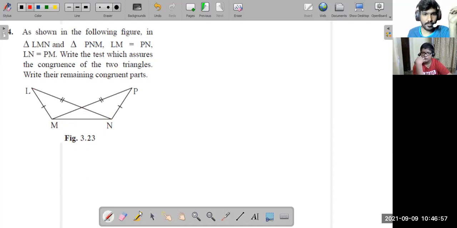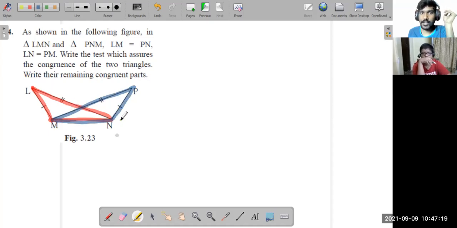Don't consider this one. Consider this one and this one. These two triangles, LMN and PNM.